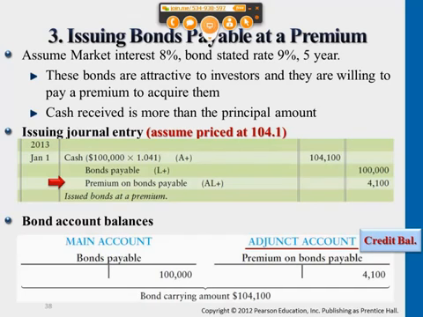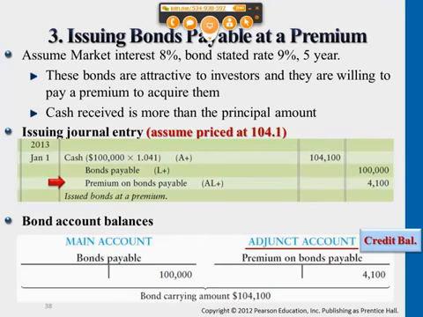At the end, when they're paying back the money, they're still paying back $100,000. Throughout the period of time, this premium dollar amount we would amortize every half a year, little by little with the interest entry. But this is not considered additional interest.